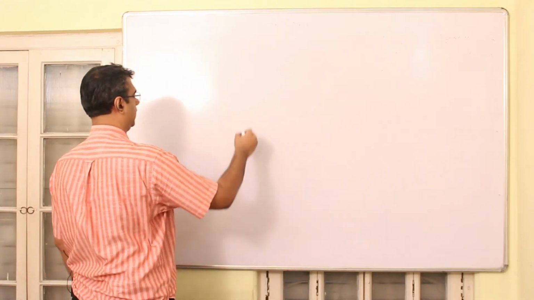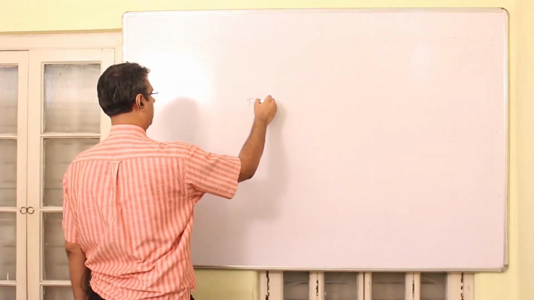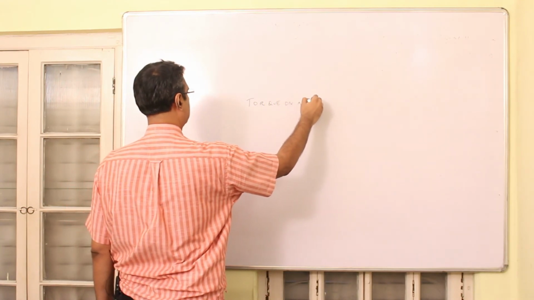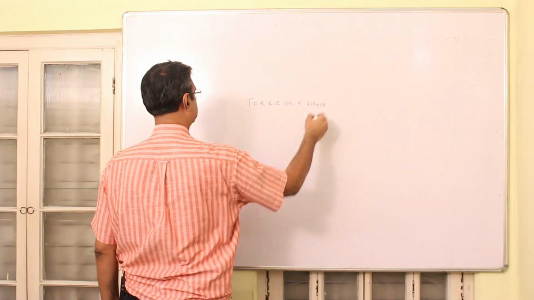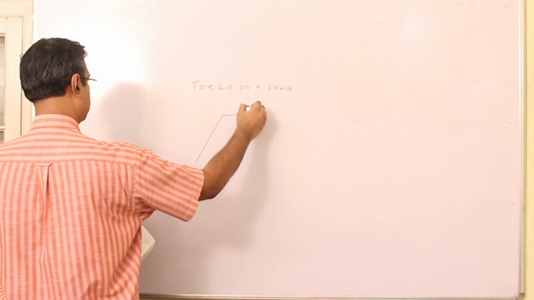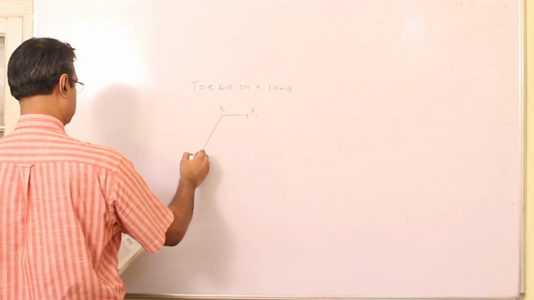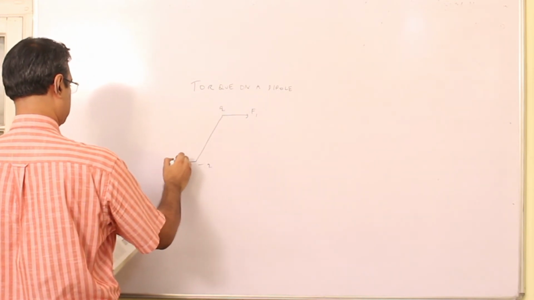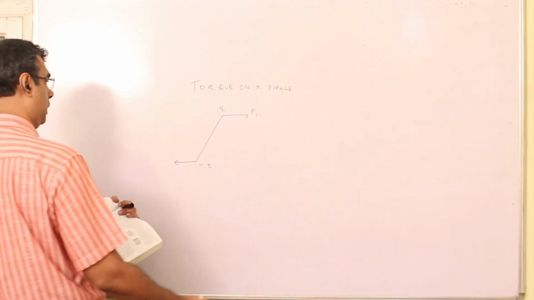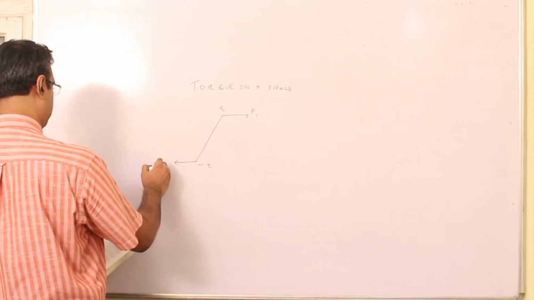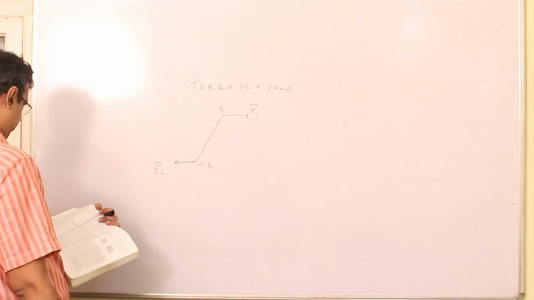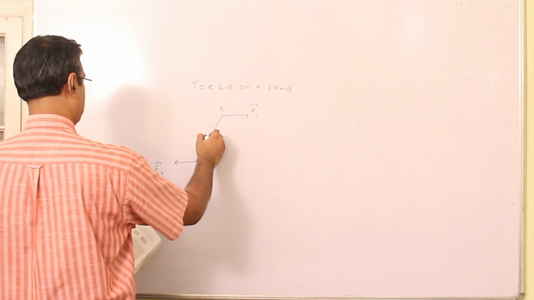Next we will be doing torque on a dipole. Suppose there is a dipole formed by the charges q and minus q, and there will be forces F1 and F2 acting on these two charges.